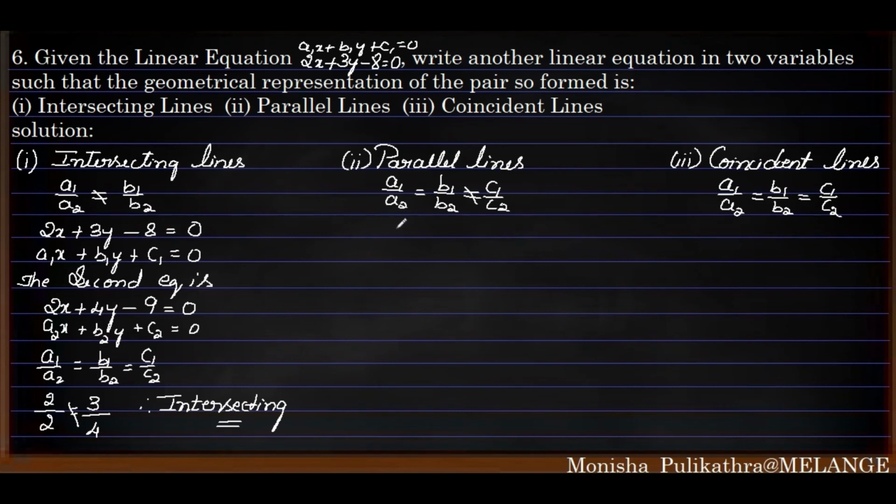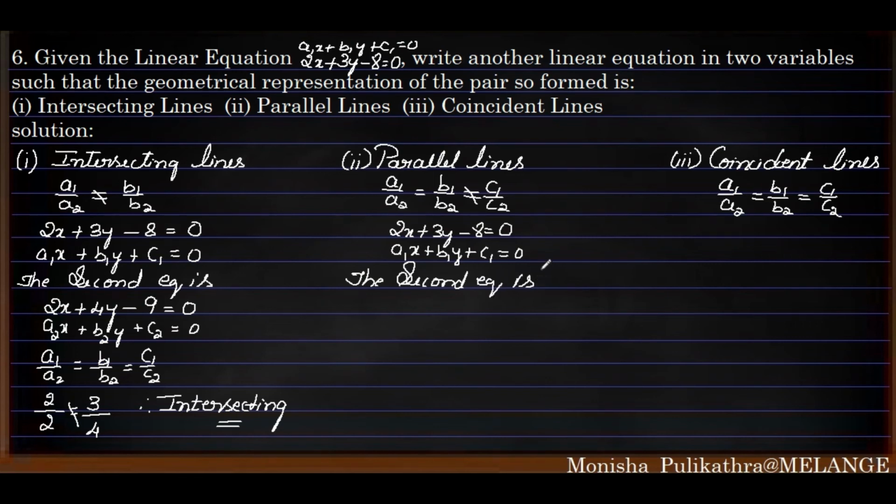We form the second equation so that it satisfies this rule. Now the second case. The first equation is the same, 2x + 3y - 8 = 0, of the form a1x + b1y + c1 = 0. Next we create our own equation to satisfy the parallel line rule.